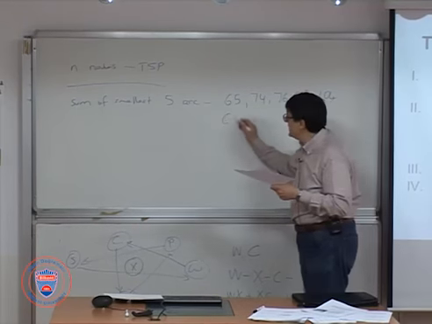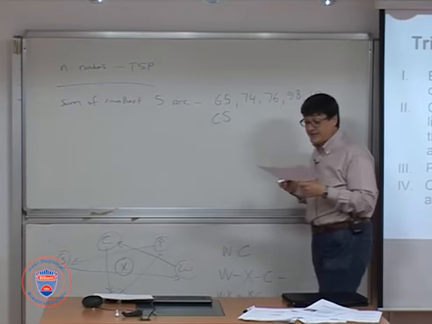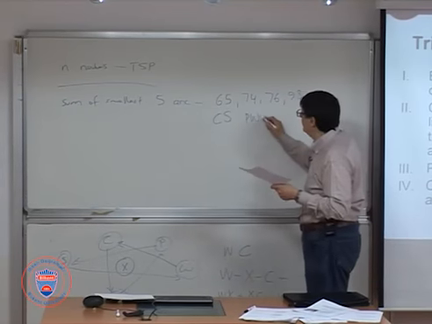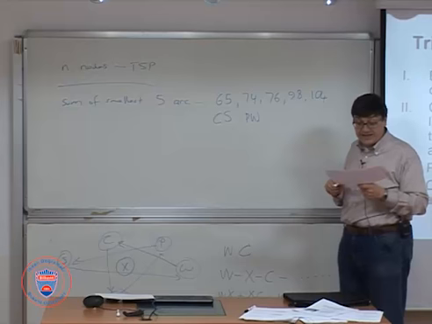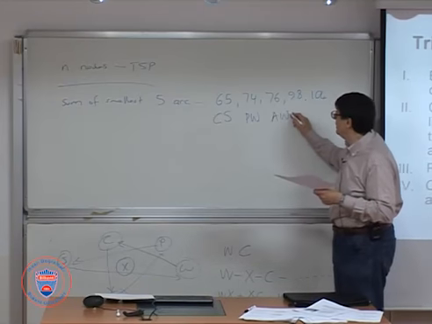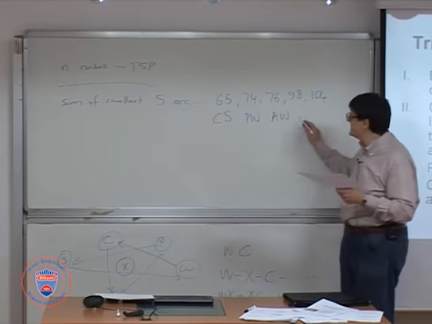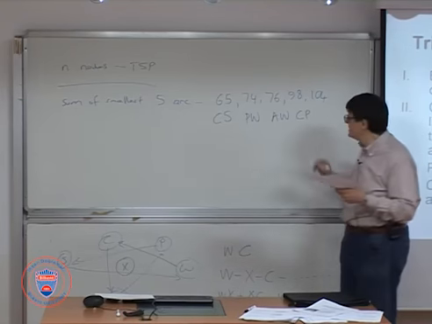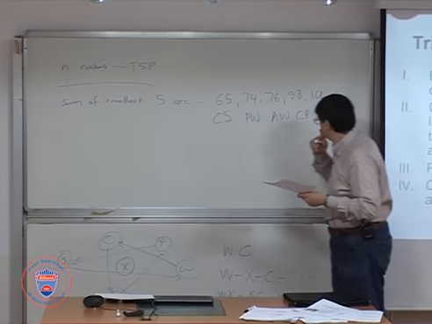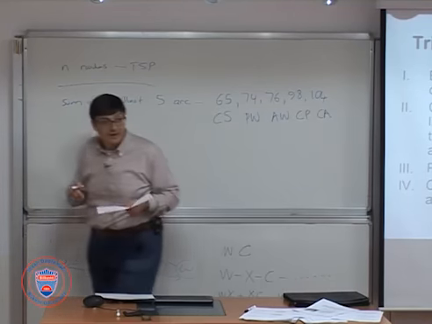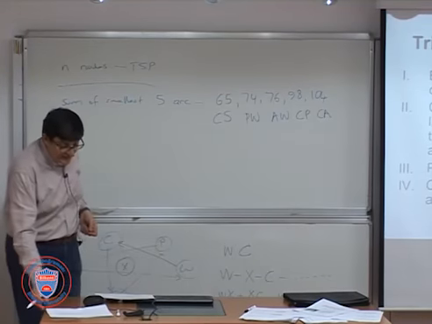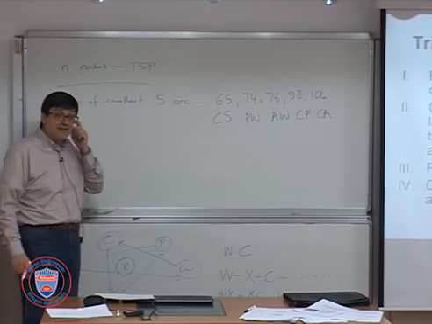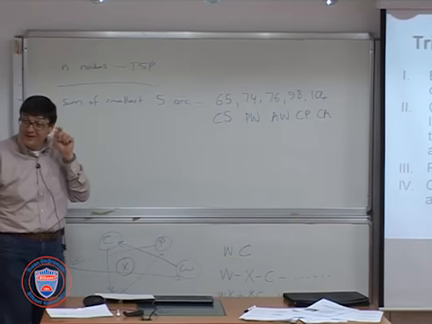This is CS, and 74 is PW. 76 is AW. 98 is CP, and 104 is CA. Okay. Now, do you think that this is going to give us a feasible route?